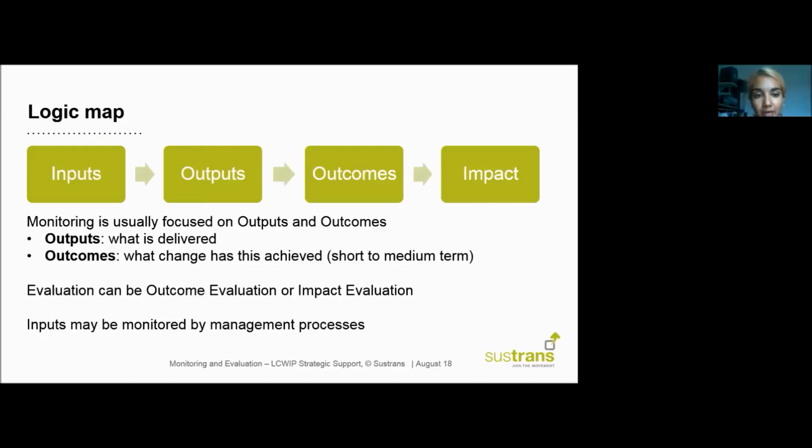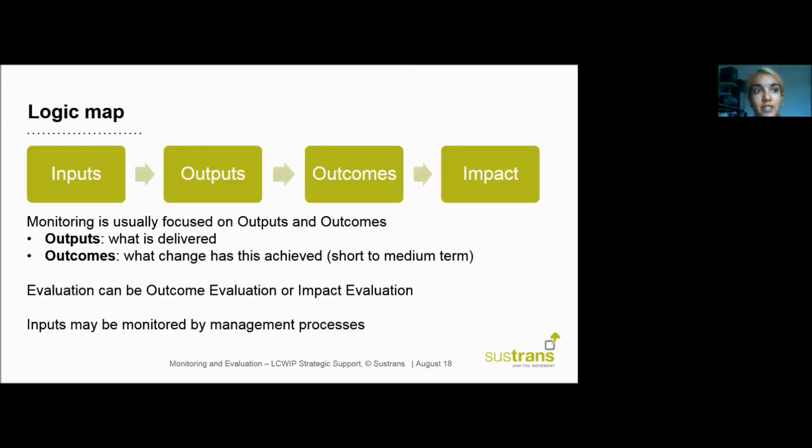So monitoring is usually focused on capturing data from a project based on what the outputs and outcomes are. I should say that evaluation can also be focused on impacts. Impact evaluations are much more time intensive and resource intensive to implement.